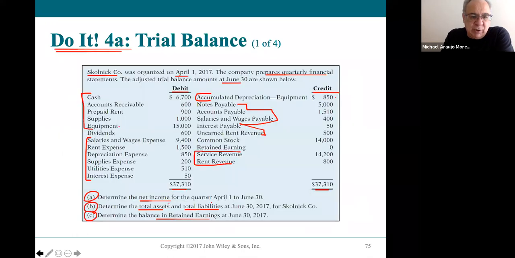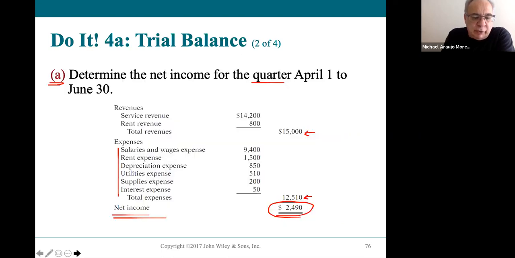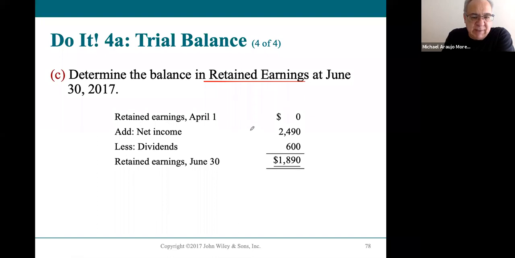So let's go back to our adjusted trial balance here. Retained earnings balance starts with a 0 because it's the very first time the company is doing a report. So we need to know that. We also need to know about dividends, right, for the retained earnings statement. So we're going to need to know that information as well. We're also going to need to know what the net income was. And once we know that, it's relatively easy.